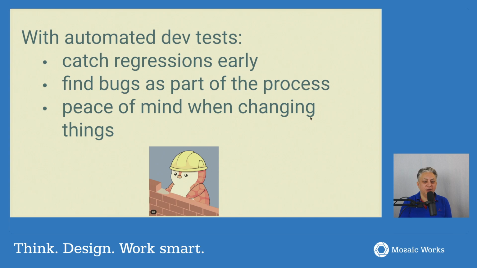You'll never have 100%, but close to. You can catch regressions early. You can find bugs as part of the process, so you find them early on. But the most important part on an individual level is the peace of mind that you have when you change things.